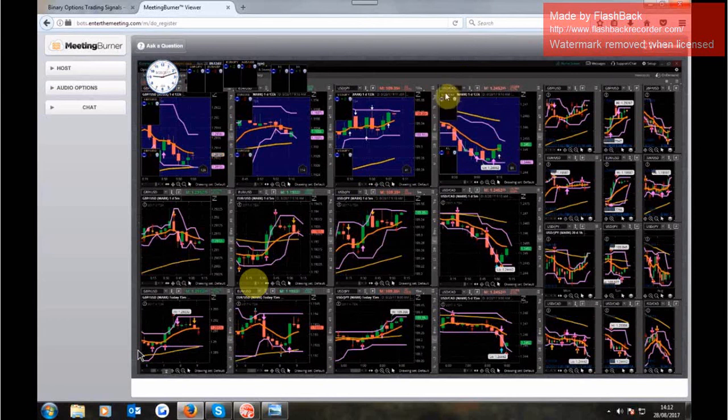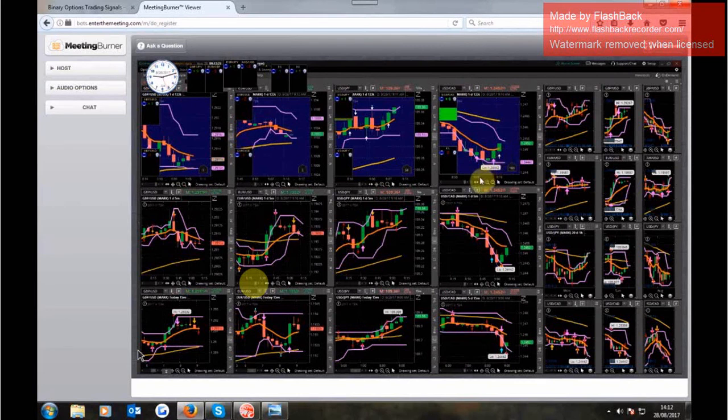If you're going by the orange line being under the yellow on the UJ, the long-term trend is actually 3-2 to the downside. But the 15 and the 5 are pointing up right now, so you can trade the 15 and the 5 minute going to the upside.